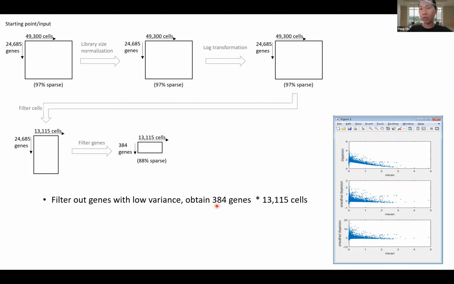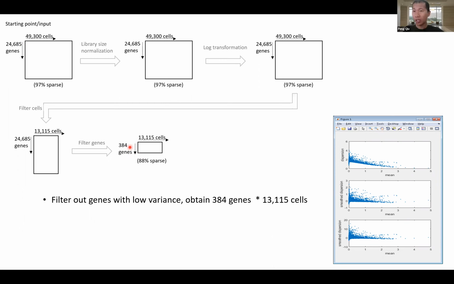So in this particular paper, what they did was they chose a threshold here, okay, and then only kept roughly 400 genes above the threshold. Okay, and now this is going to be the data that they use to define cell clusters. So this filtering step in this paper is super aggressive, right? We quantified 24,000 genes, and eventually we're only keeping 1% of the genes to perform clustering analysis and define cell types.